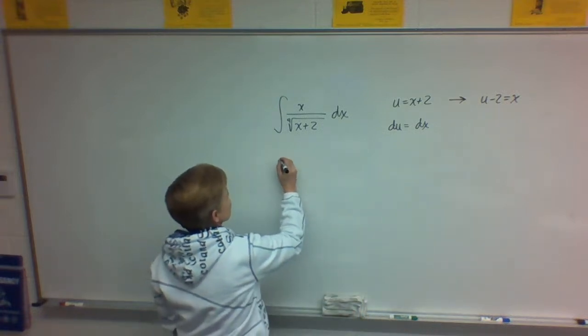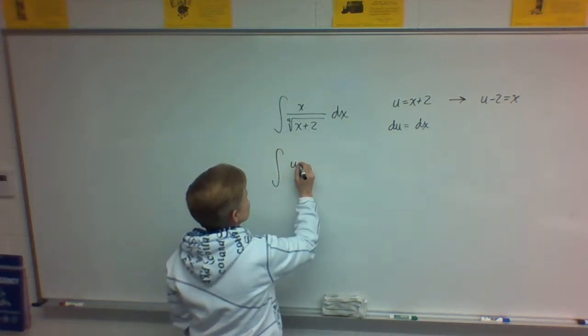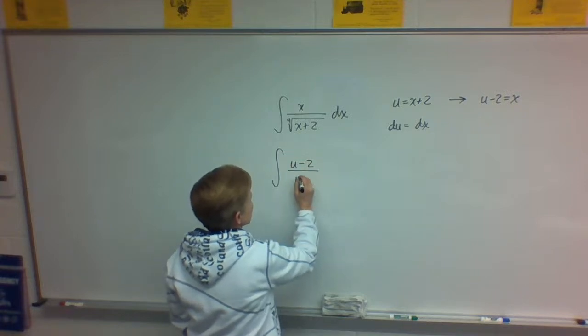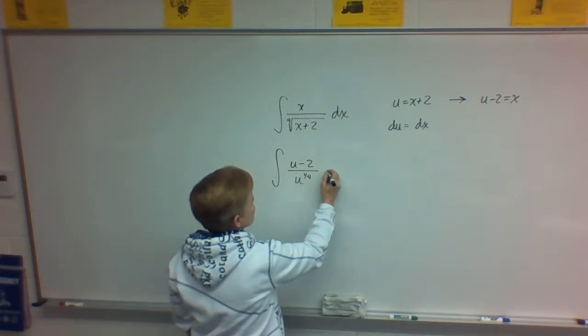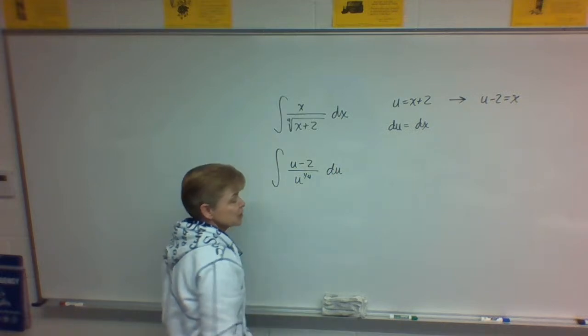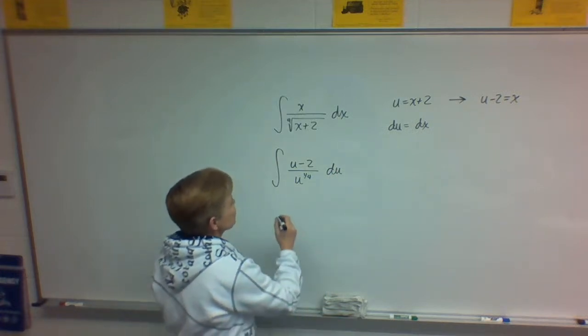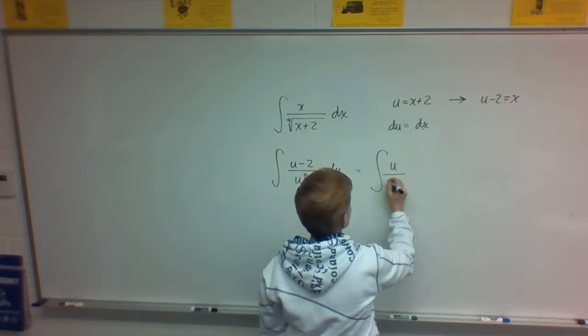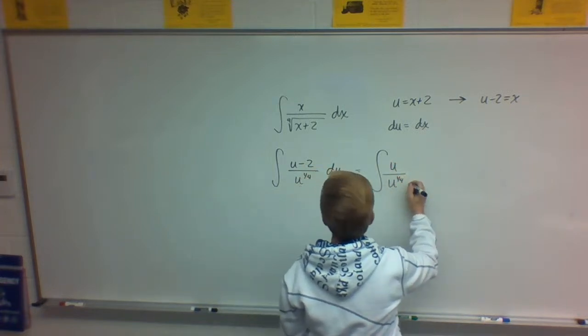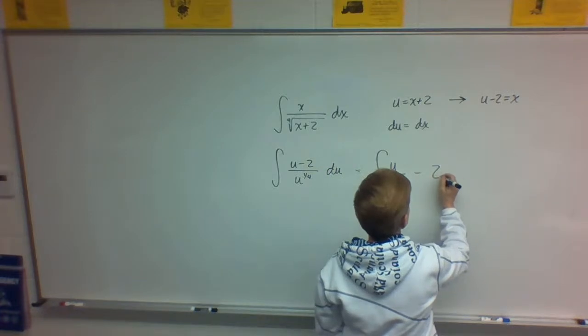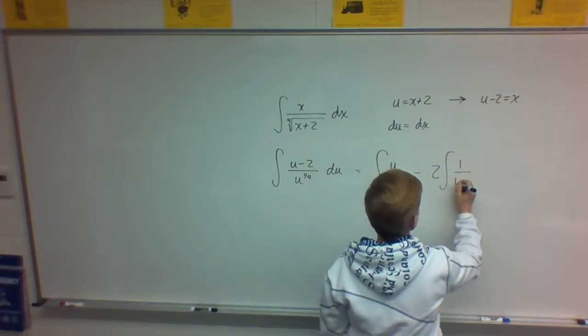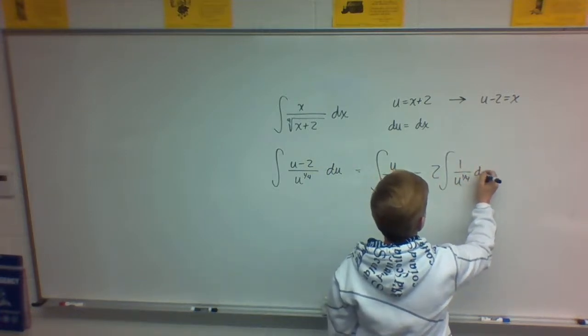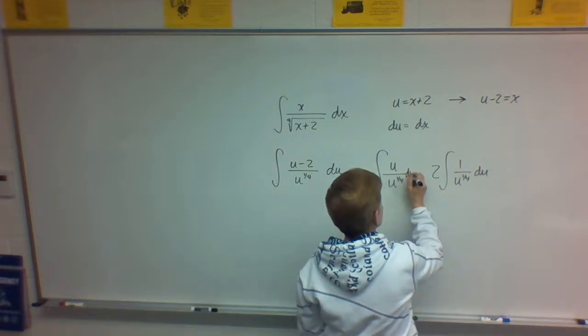So the integral becomes u minus 2 over u to the 1/4, which algebraically is easier to handle because you can write it as the integral of u over u to the 1/4 minus 2 times the integral of 1 over u to the 1/4, du in both cases.